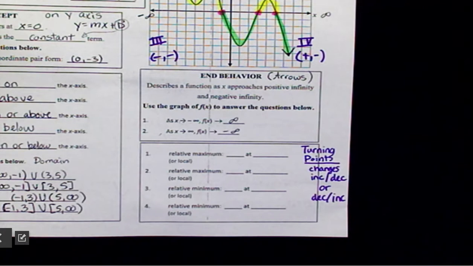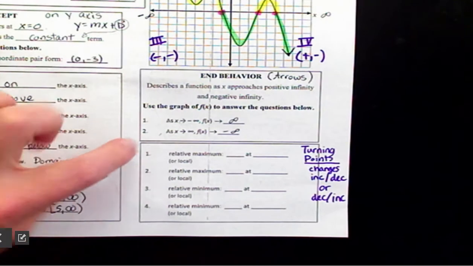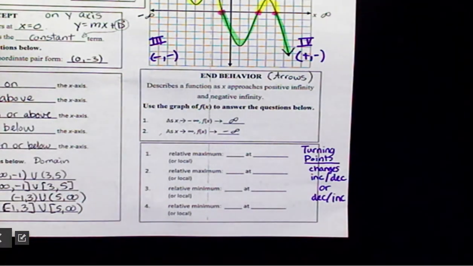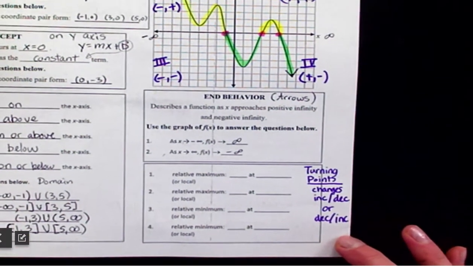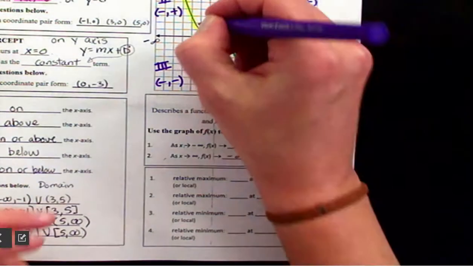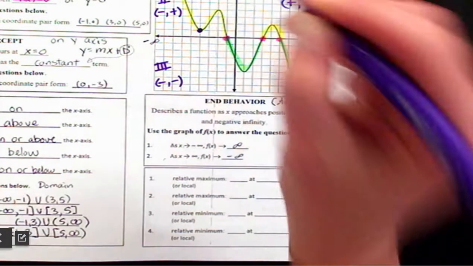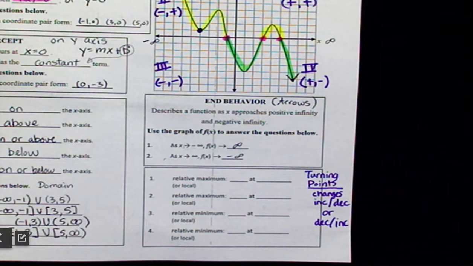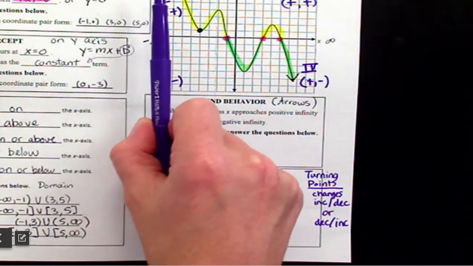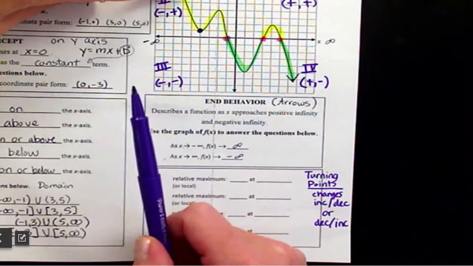It's where the increasing and decreasing changes. That's why we do that characteristic first. So as I look at my graph, it appears as though I have 4 turning points. Right there. Do you see how the graph changes directions from like moving down to moving up? Because you read left to right. You read your graph left to right. Don't look at the arrows. Just look at the graph.